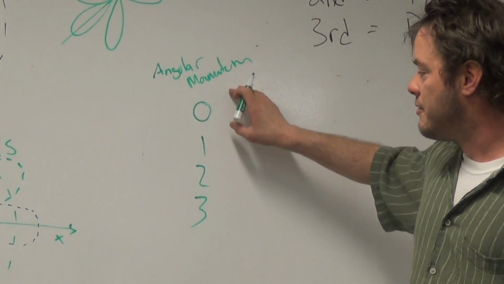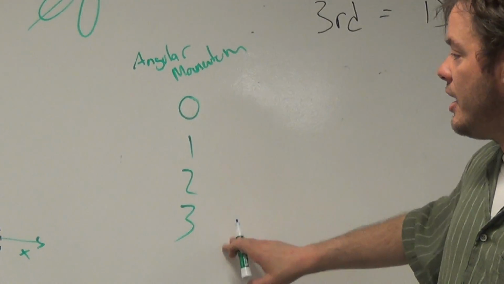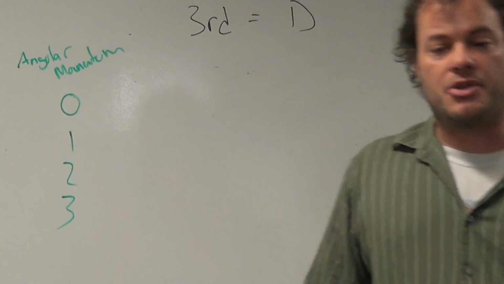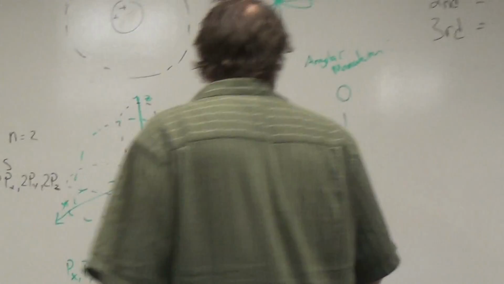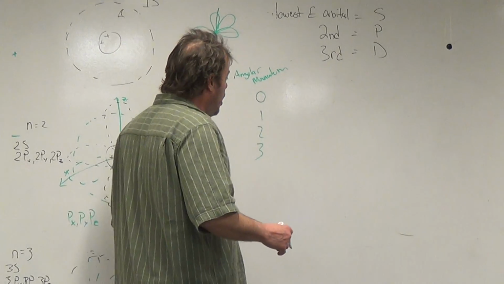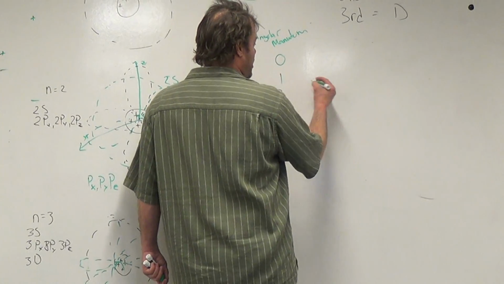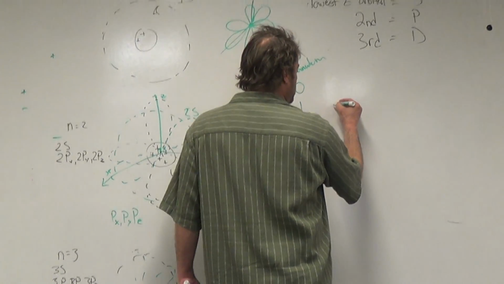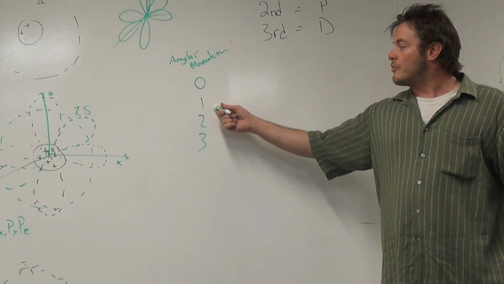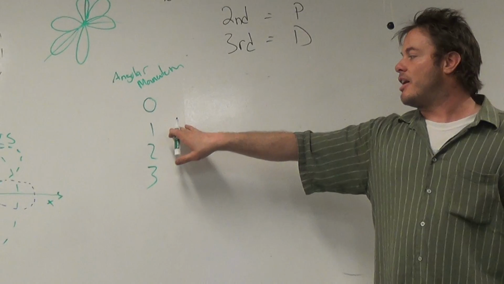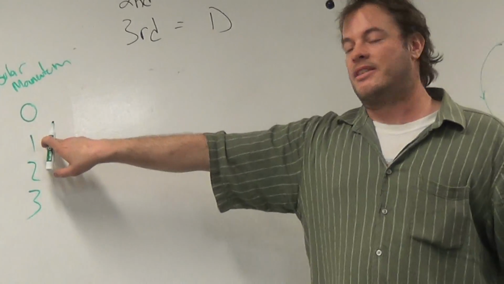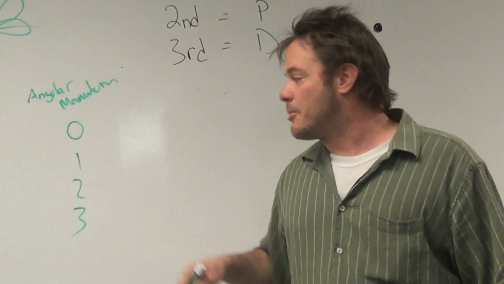There's a rule that for any set of orbitals that has these quantum numbers, there are multiple orbitals that satisfy those requirements, and those orbitals can have any number whose absolute value is equal to or less than the quantum number that we've assigned.